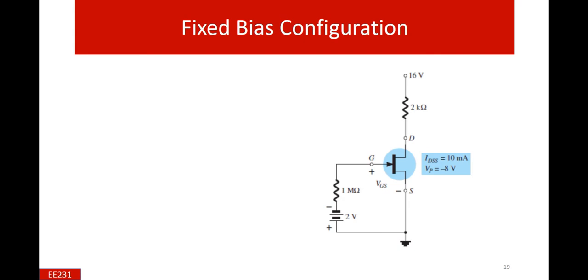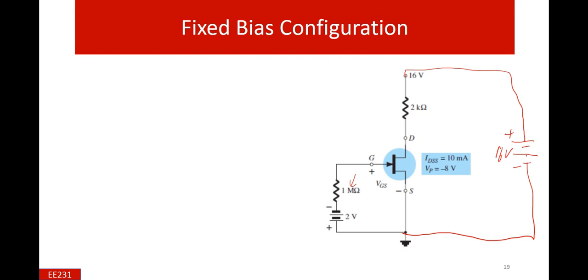So this is the first problem. In this case VDD is 16 volts. We can even represent it by some DC source, a fixed value of 6 volts, and this is a 1 megaohm resistance, which has no effect from the DC analysis point of view.